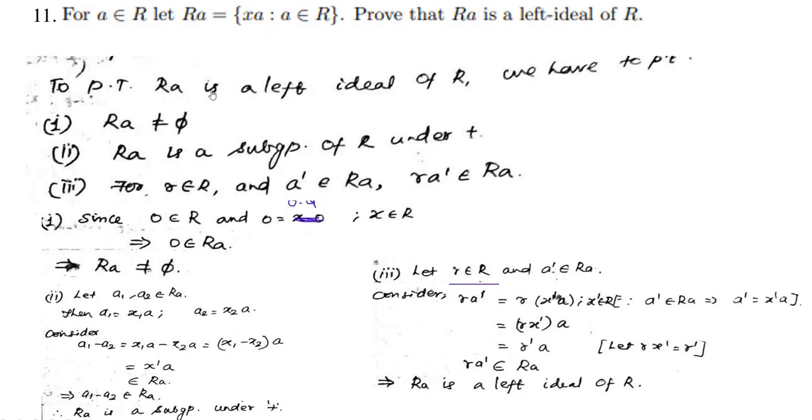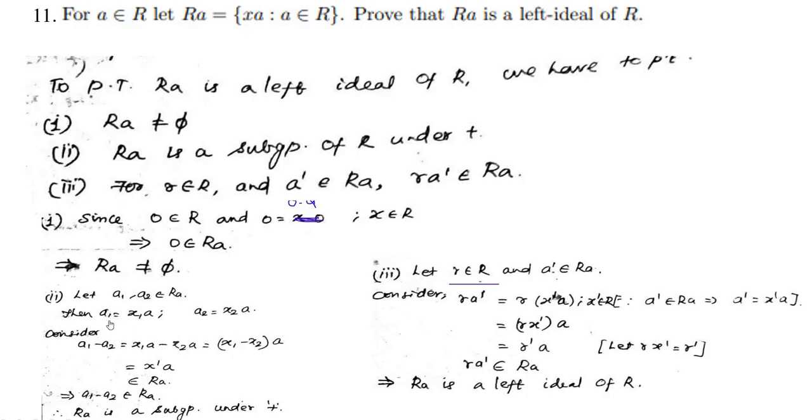So for the description, non-empty, we have to show that 0, which is rewritten as 0 into A, is a member of RA, so RA is non-empty. Consider two elements A1, A2 in RA, so that A1 can be written as, remember here A cannot be changed, only X can be changed.